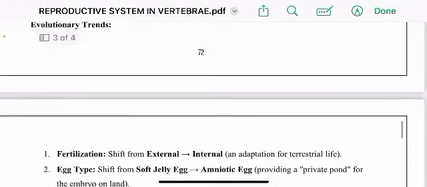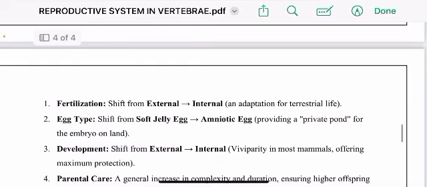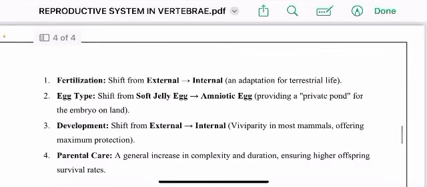Now, all of this shows an evolutionary trend, where in fertilization, there's a shift from external, that's from the fish, to the amphibian, to the reptile, to the bird, and to mammal. There's a shift from external to internal.